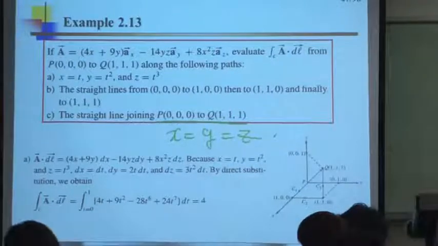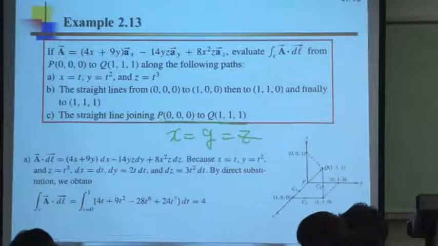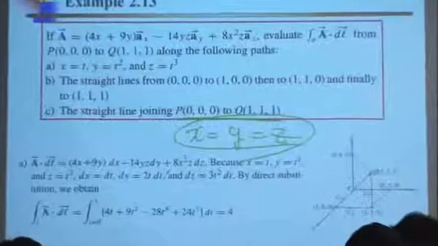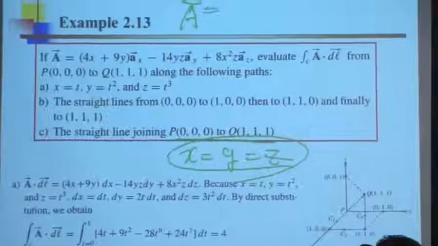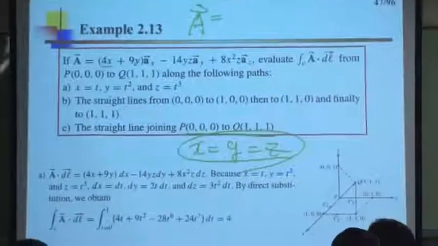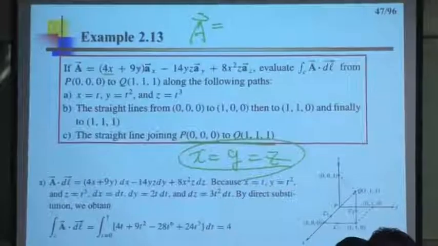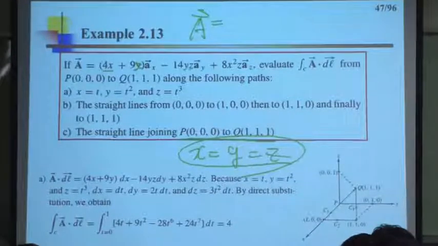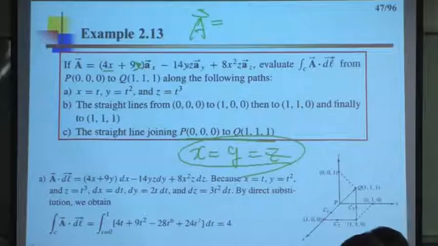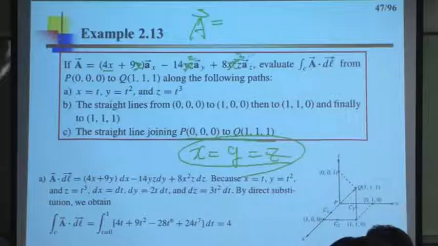Then you can consider this constraint. So this vector A can be changed: y equals x, z equals x, so it can be written using x squared and x cubed.